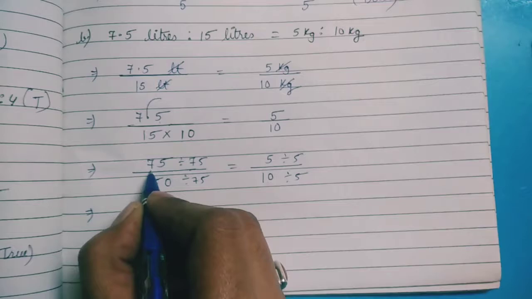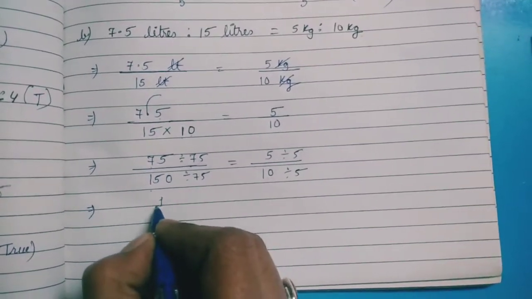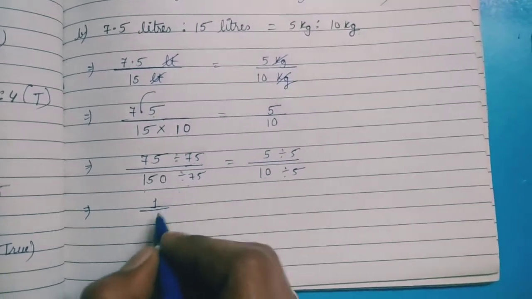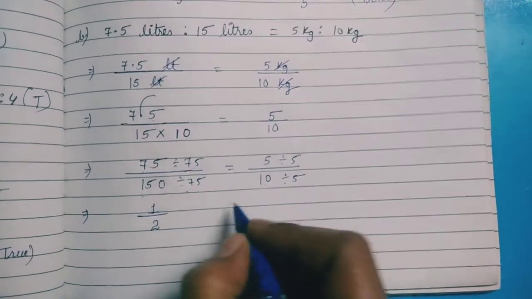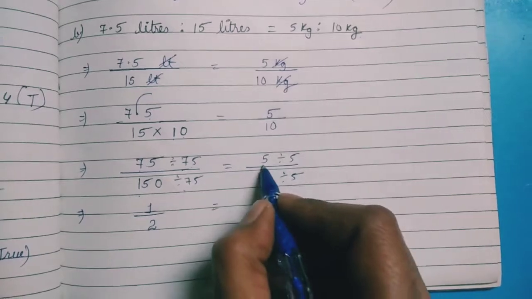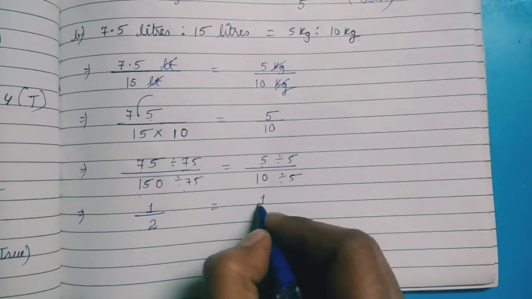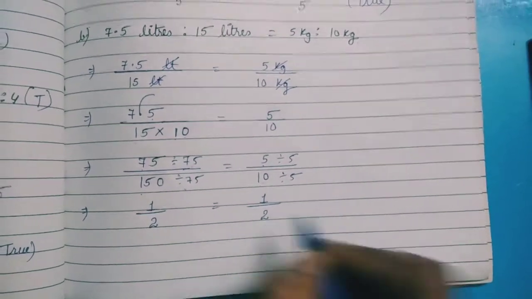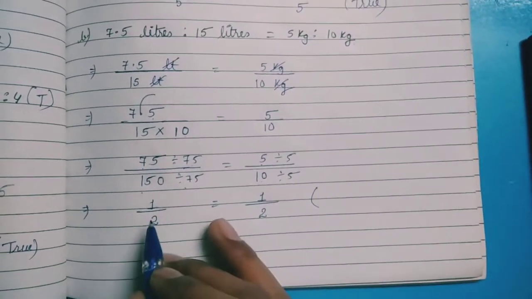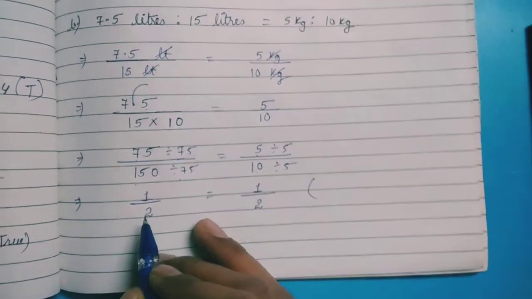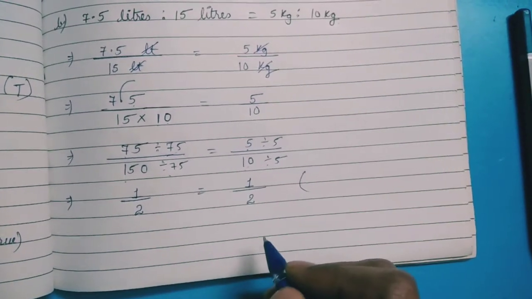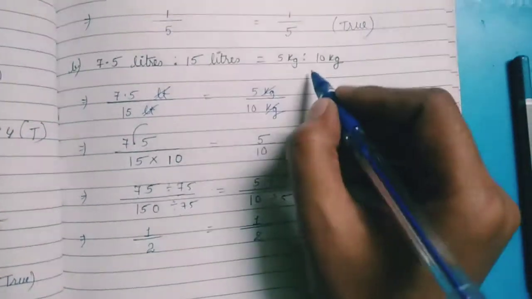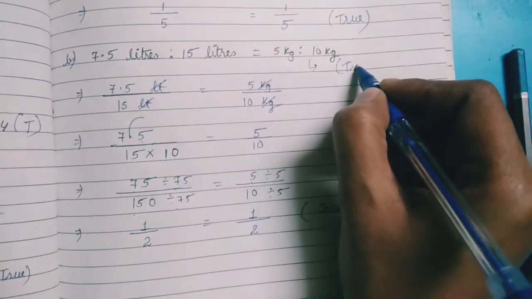So when 75 is divided by 75, it will give us 1, and when 150 is divided by 75, it will give us 2. Here when 5 is divided by 5, it will give us 1, and when 10 is divided by 5, it will give us 2. It means our LHS is completely equal to the RHS. It means the given statement is true.